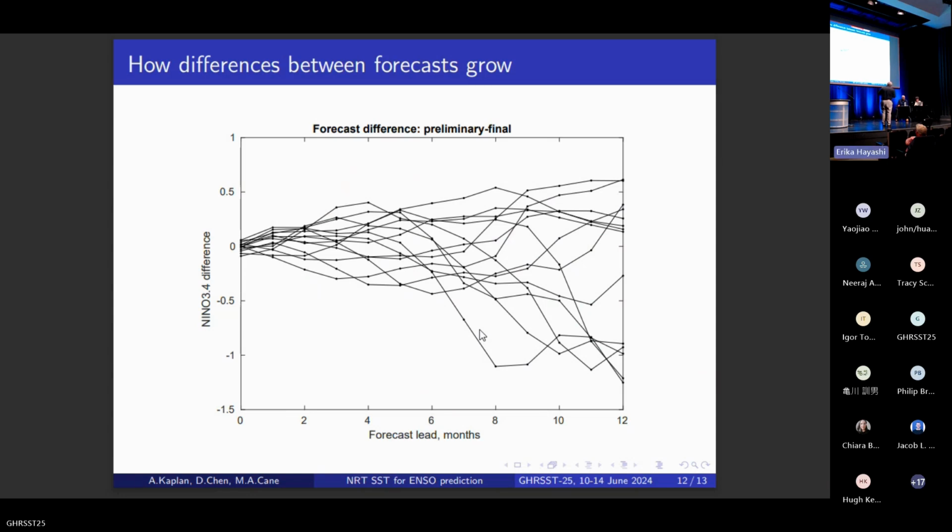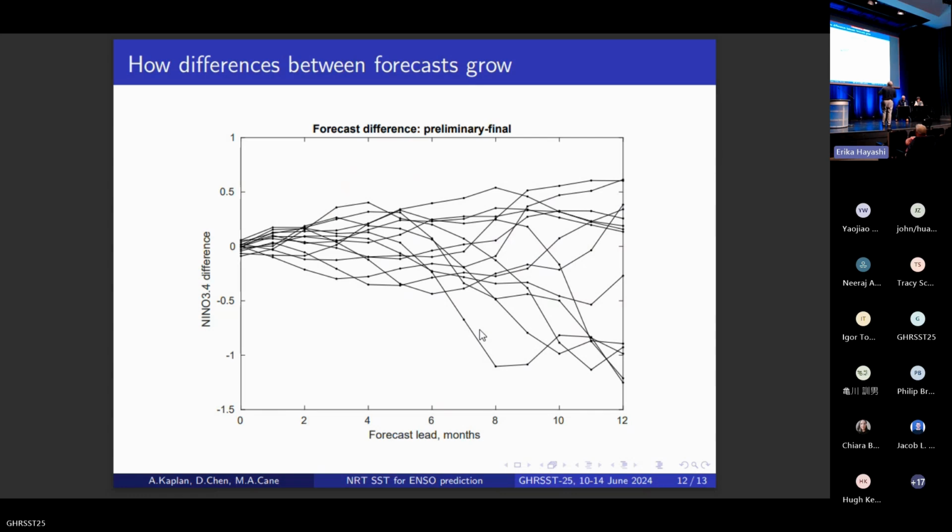And here are basically differences between predicted and actual fields, which you obtained starting from partly preliminary months or fully final fields.